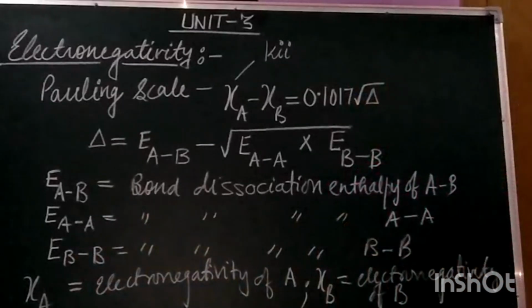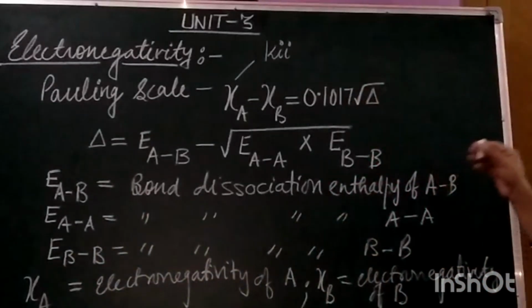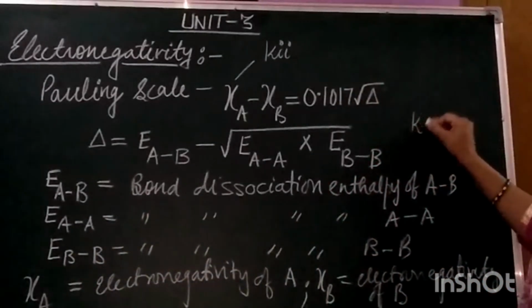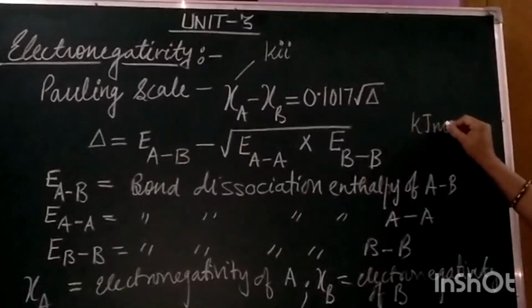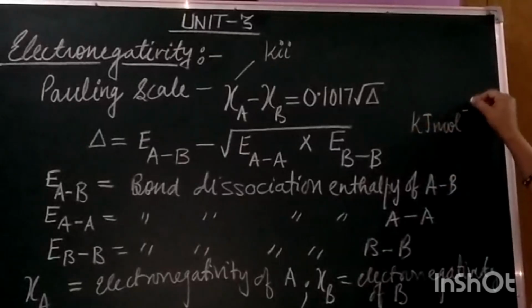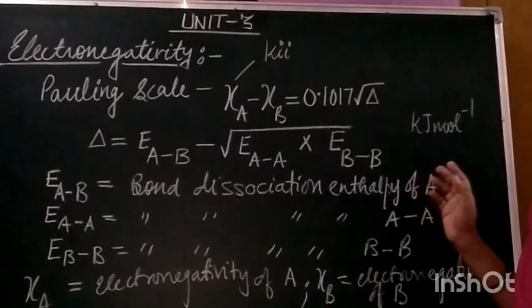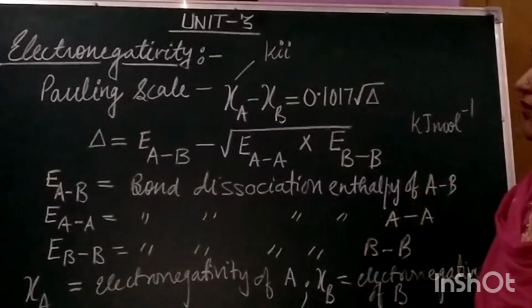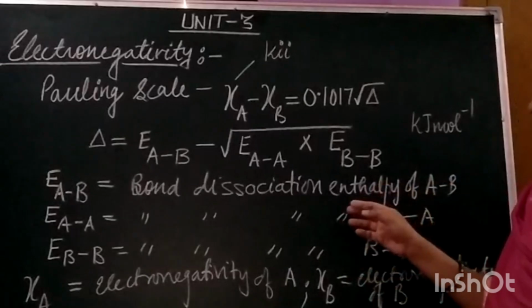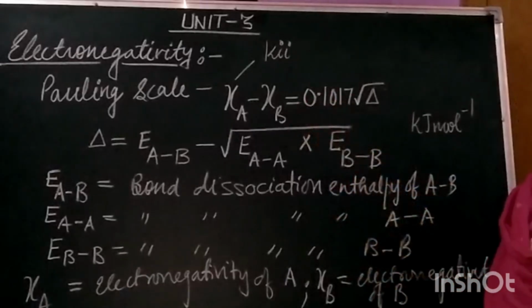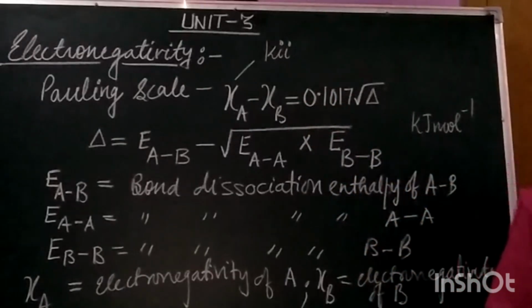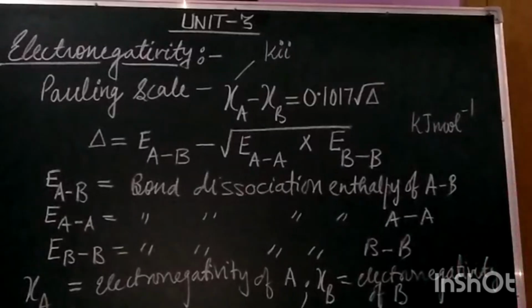Students, this bond dissociation enthalpy is expressed in kilojoules per mole. So by knowing the electronegativity value of one element, the electronegativity value of the other element can be determined, right?